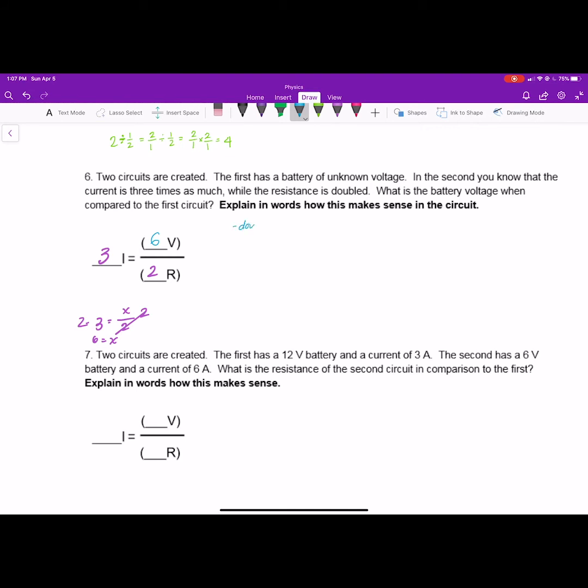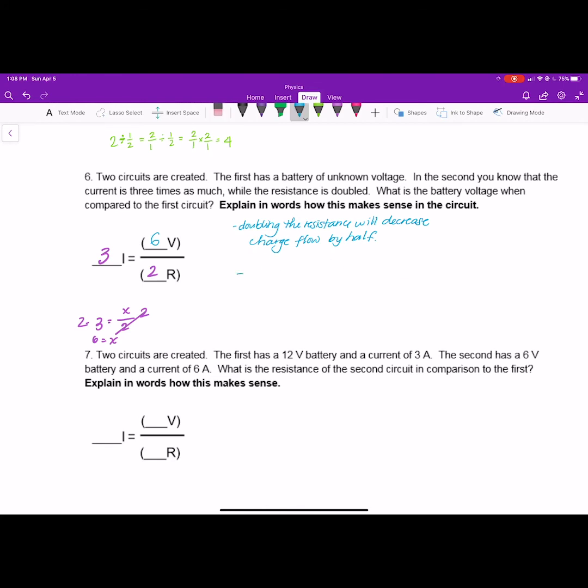So doubling the resistance will decrease charge flow by half. So that means to increase current, so increasing current will increase voltage. Actually, that's not a correct statement to make.